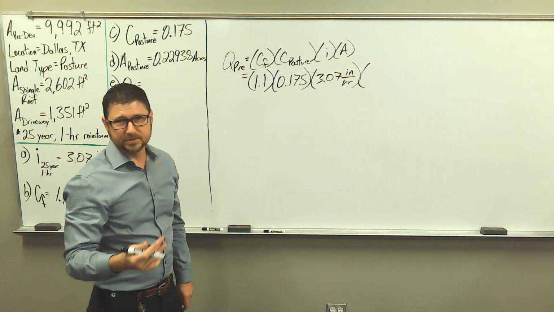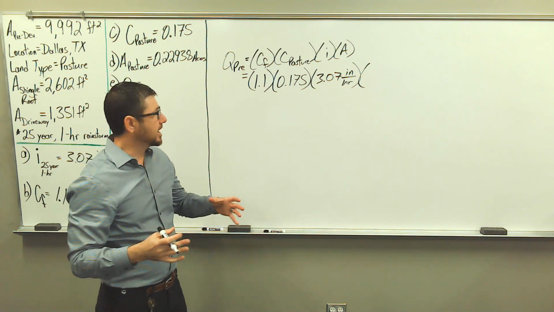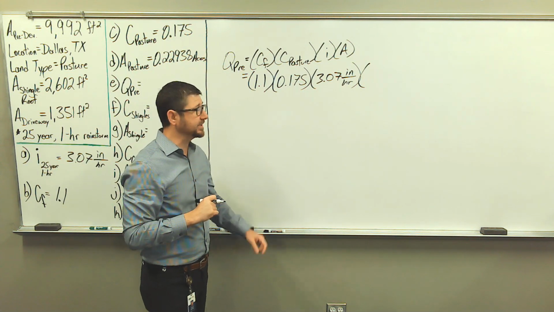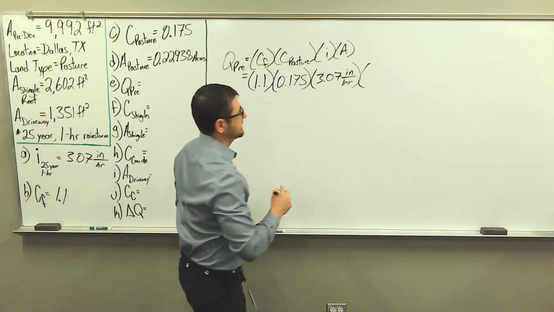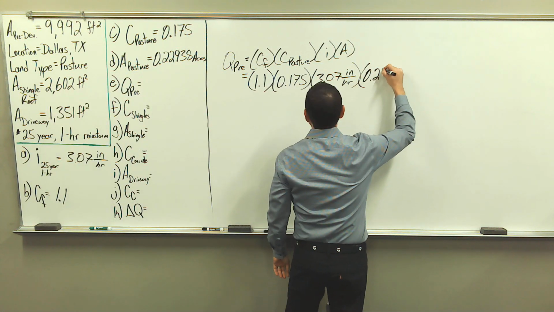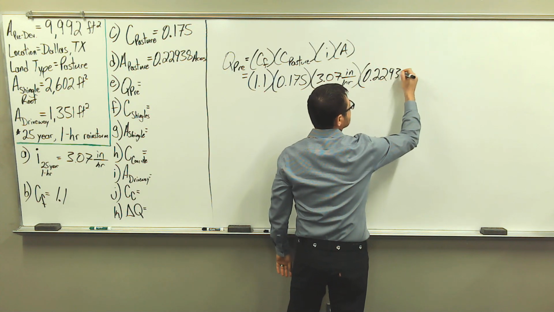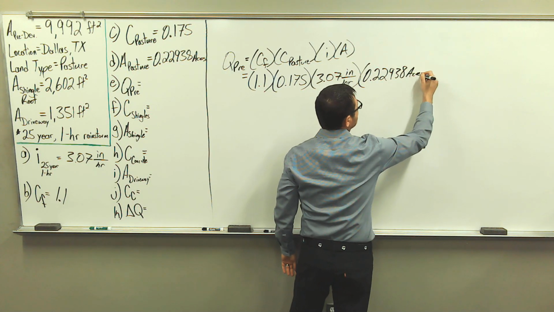And now we're going to multiply by the area of our land. And remember, this is pre-development. So our pre-development area is 0.22938, and we have units of acres.